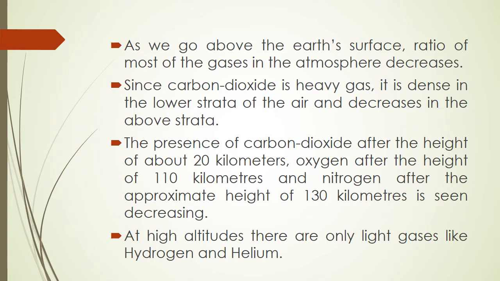Oxygen is decreasing after the height of 110 kilometers. So if you are climbing a mountain and it is more than 100 kilometers high, the mountaineers need to carry the oxygen tank with them, because oxygen is necessary for our breathing. And the presence of nitrogen after the approximate height of 130 kilometers is seen decreasing.